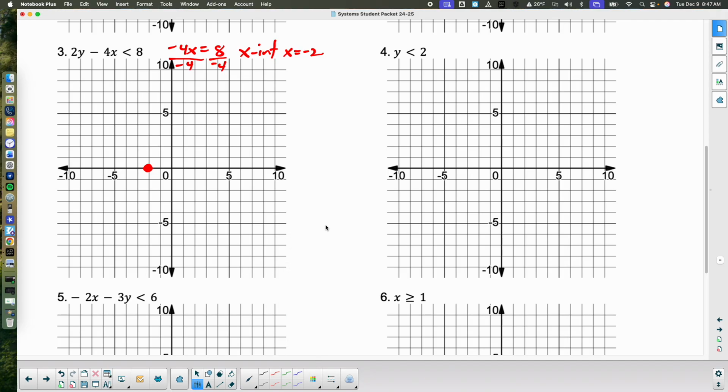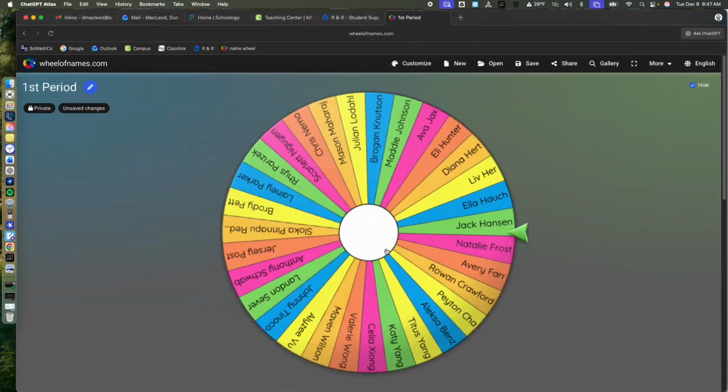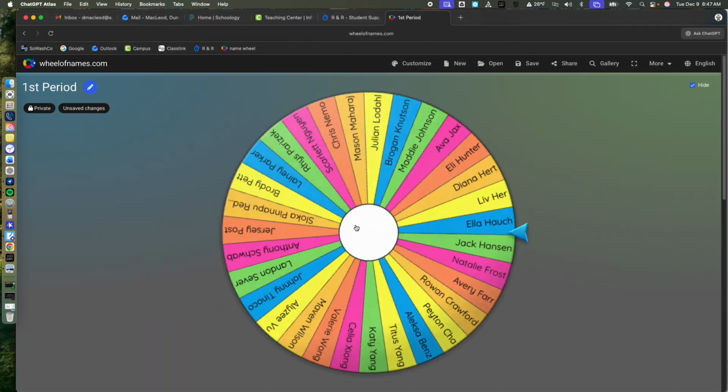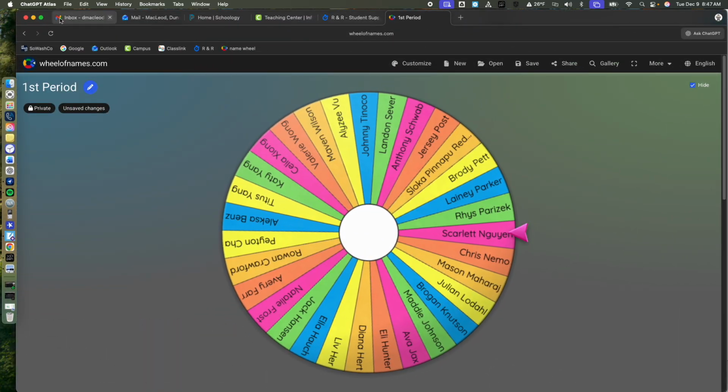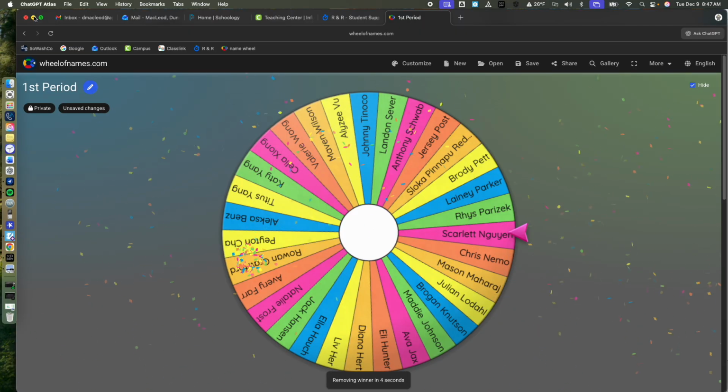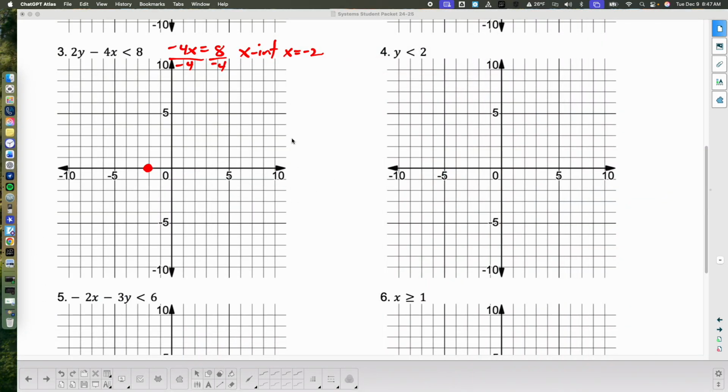Okay, now I want to find the y-intercept, which means I would take my finger and cover up the negative 4x. And let's see who's going to help me with that one. Scarlett. Okay, if I cover up negative 4x with my finger, like that, it would read 2y equals 8.